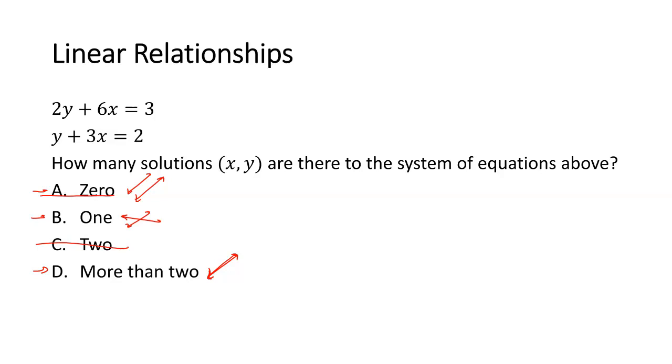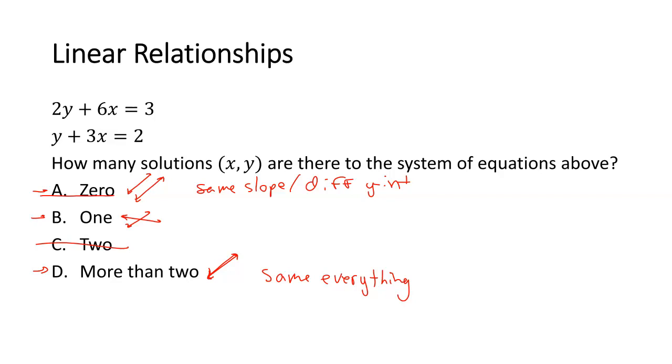So, if I have the same slope but different y-intercepts, then I'm going to have 0 solutions. And then if they're the same line, it means same slope, same intercepts. Same everything. And then if it's not either of those, then it's going to be one solution. So we just have to look at the pattern.